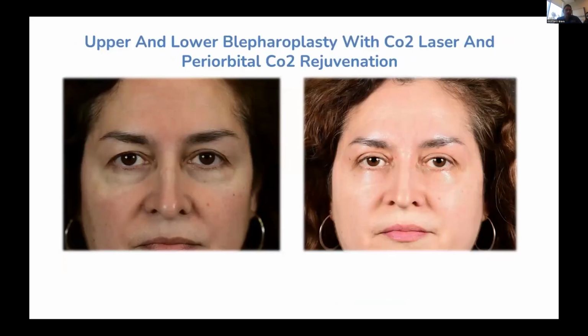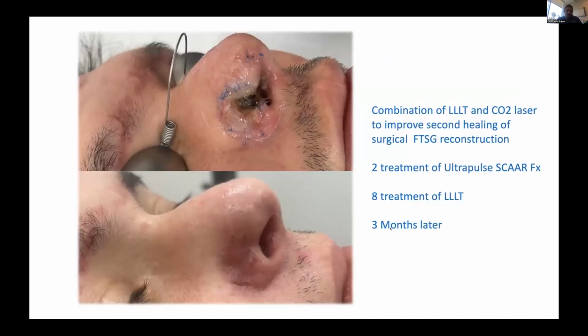And this is the result of upper and lower bleph with CO2 periorbital rejuvenation. So we treat obviously the blepharoptosis and the bags of the under eyes, and the management of the periorbital skin. So it's a very good complement in these cases.